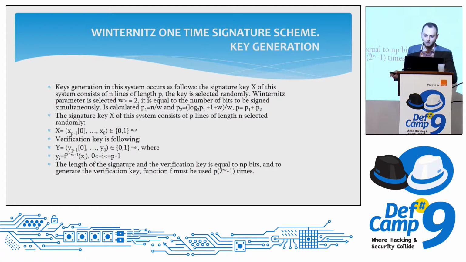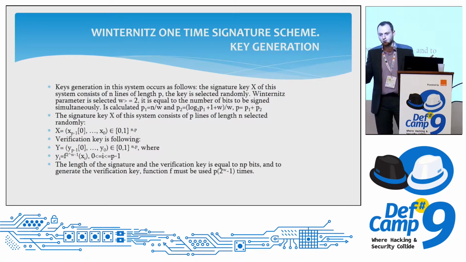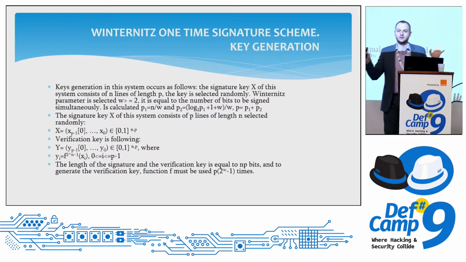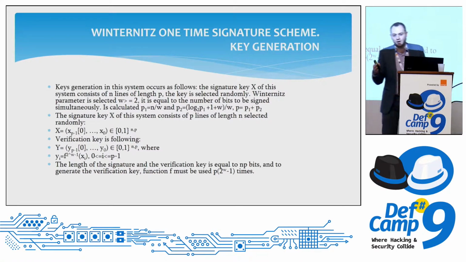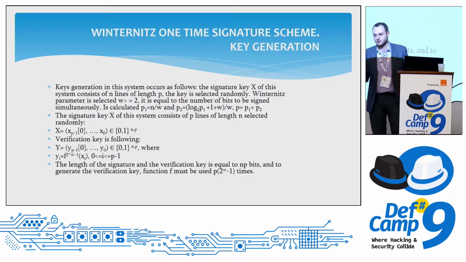Let's see what this p is. We have here the Winternitz parameter. It must be more than 2. What is it? It shows how many bits we can sign simultaneously.